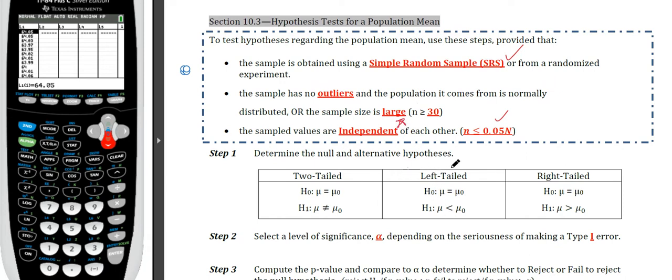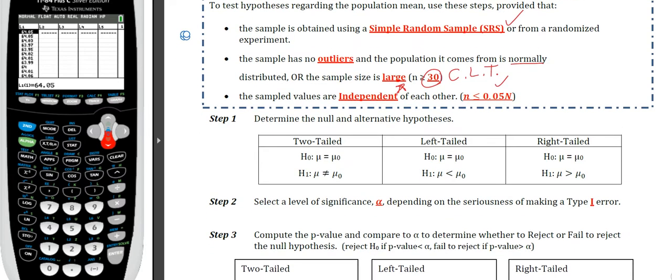And what we also want to show is the central limit theorem. We want to make sure that either it is a normally distributed population, or, since we usually don't know that, that the sample size is large enough, bigger than or equal to 30. Those are the same three conditions we had in Chapter 9 and also Chapter 8, so all of this is coming together.